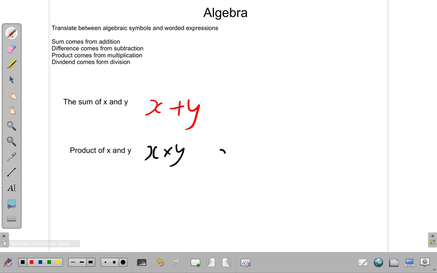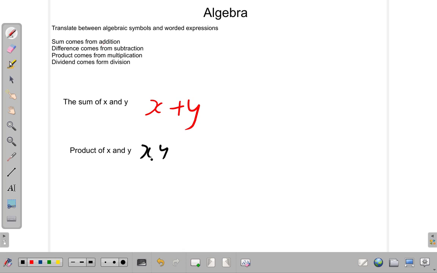So you could also put xy. You don't usually put yx because you go in alphabetical order from left to right, so x comes before y. So x multiplied by y is the same as xy. The product of x and y is xy.